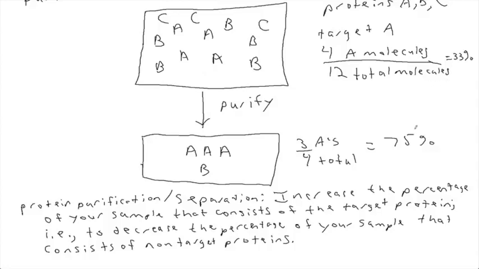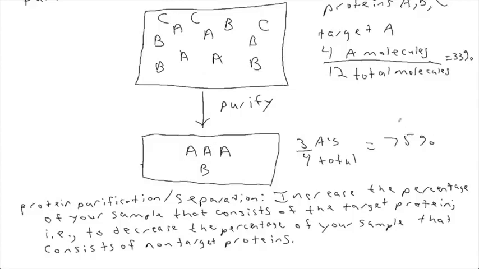So we've achieved a high degree of purification here. Oftentimes you wouldn't expect purification to be perfect. For example, there's still this pesky B floating around. You can't always get 100%. In fact, I think you would rarely get 100% purification, but this is still purer than we started with.